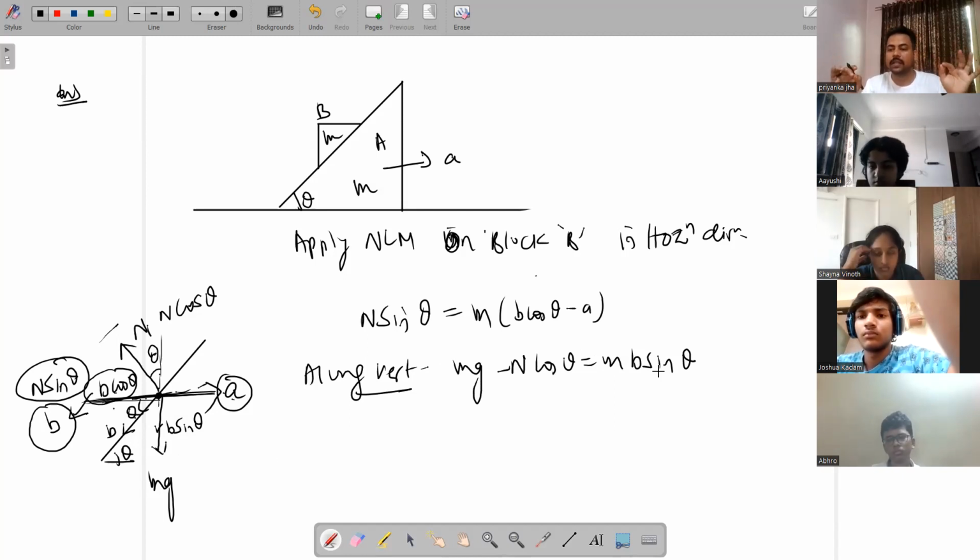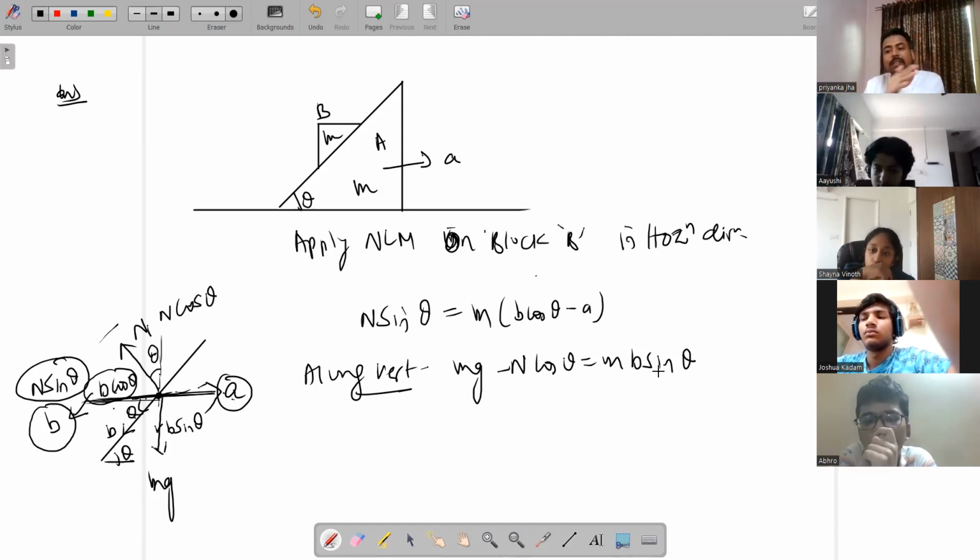See, block B is going towards the right with the wedge, with A, and also sliding down with B. So if you are asked to write Newton's law along the horizontal, there is only one force, N sin theta, which is towards the left. So the block will have a tendency to move towards the left.